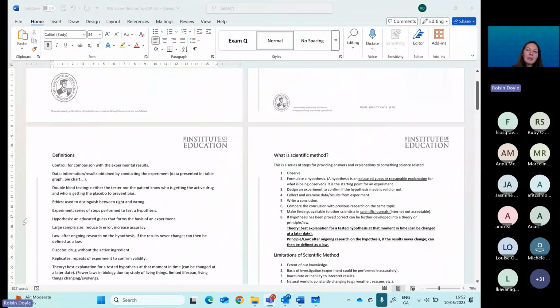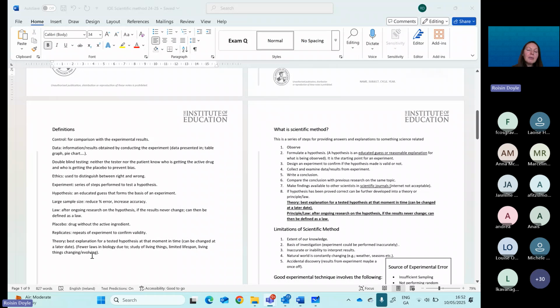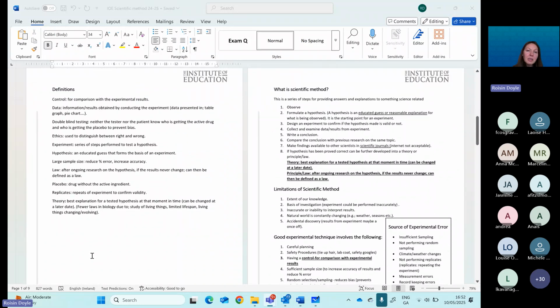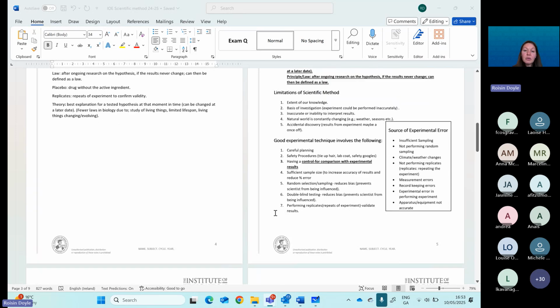Of course, Bilal, you need to know all of your definitions associated with scientific method. You will find them in your textbook, or your teacher will have given them to you, or you go to the syllabus and guidelines. These are mine. I've given them all to students. And then there's only 1 page.